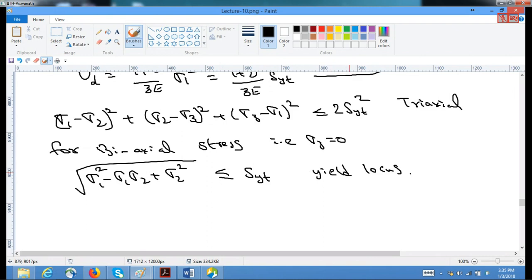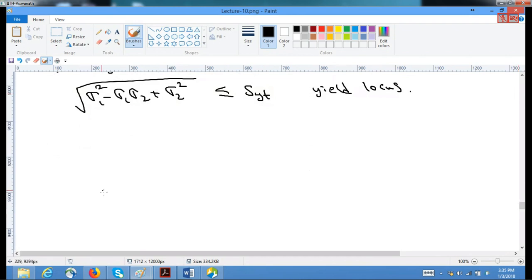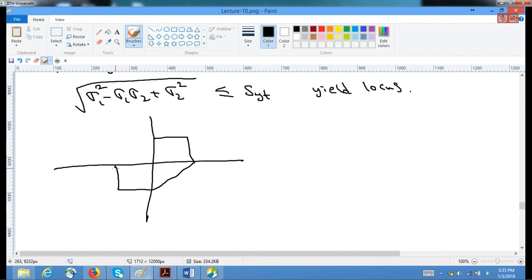When we try to plot this distortional energy theory, first let's draw the Tresca criteria. This is Tresca.